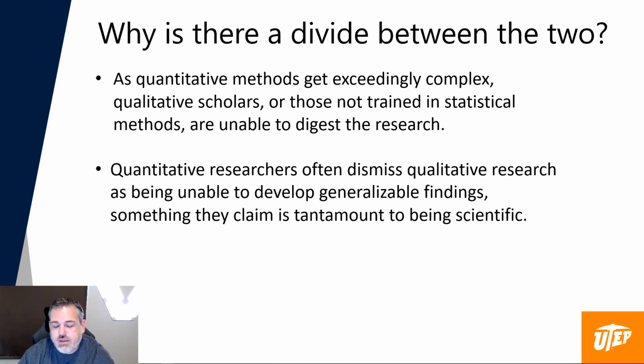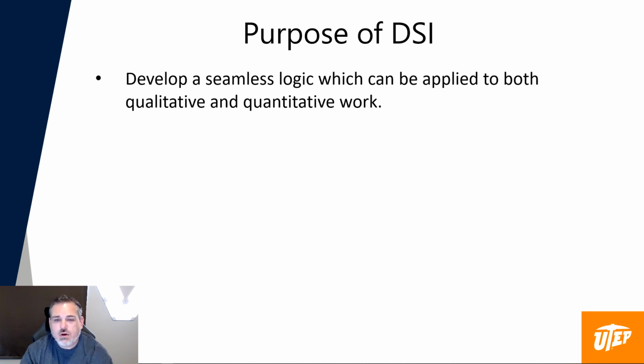It's really this question about the divide, this question about what differentiates qualitative versus quantitative research, that sort of motivates this book. So the purpose of Designing Social Inquiry is to develop a seamless logic for research that can be applied both to qualitative and quantitative work.